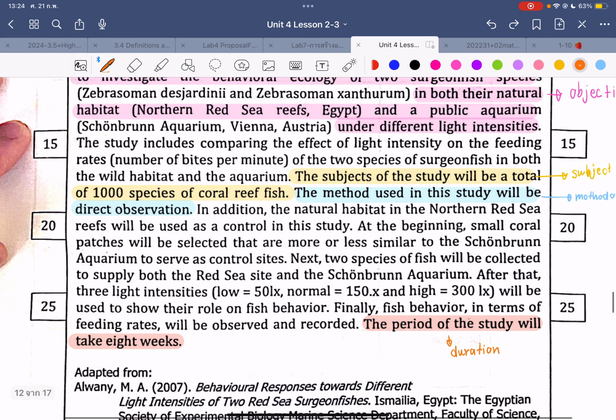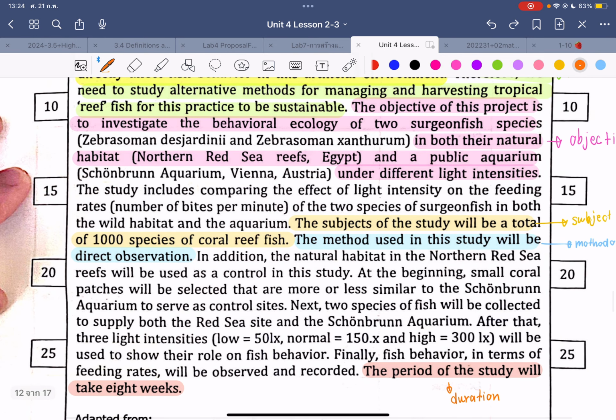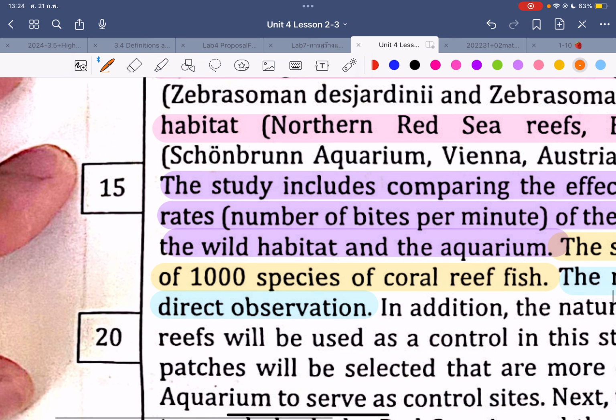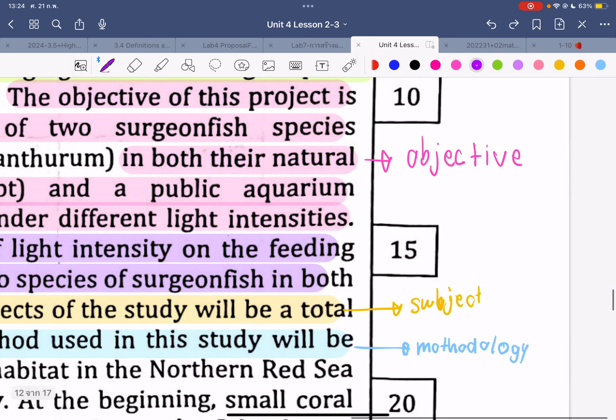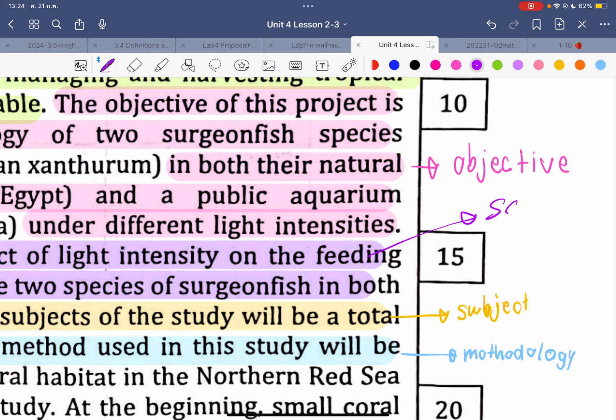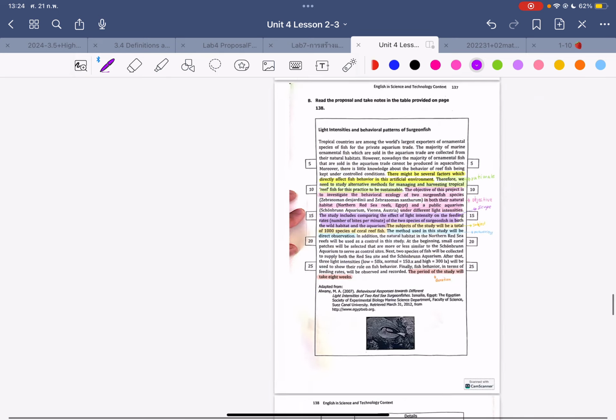They will compare the light intensity. They will check the feeding rate of 2 species of certain fish. And the subjects would be a total of 1,000 coral reef fish. And the method of observation would be direct observation.